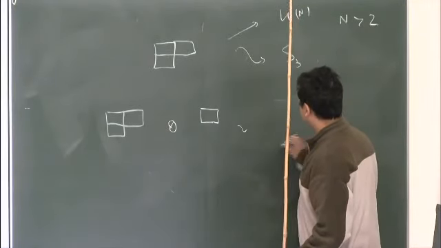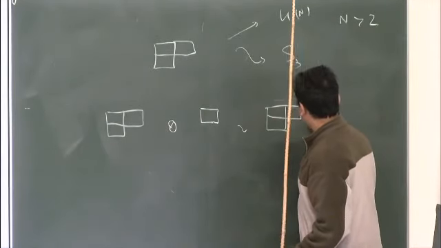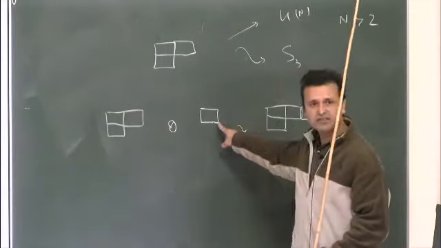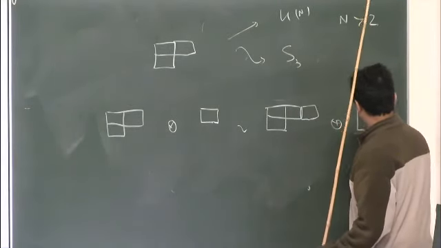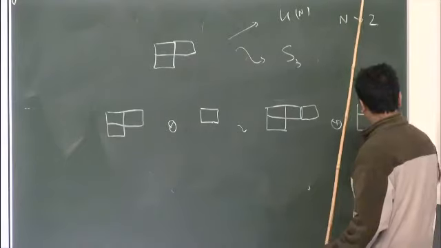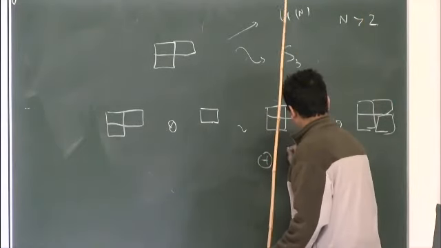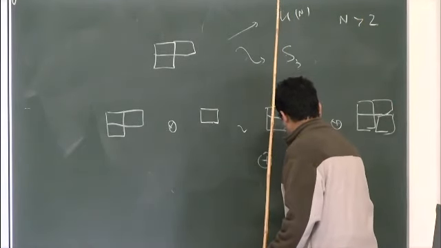There is a rule for tensoring it, which is that you can put the boxes of this Young diagram along with that. You can put it here, or you can put it there, or you can put it there.